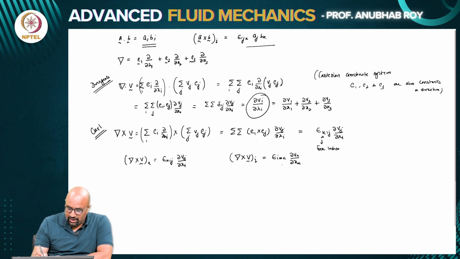Just to make this point, there is nothing sacred about what you choose as your letters for your repeated indices. You can choose whatever you want. Just don't mix up your free and repeated index. Here, because you are dealing with a vector, you have a free index, which is the direction of the final answer. The curl of a vector will be a vector itself, and there is a direction associated with it. But when you are finally writing down the curl, you will have these repeated indices. So don't choose a repeated index letter which is the same as the free index.